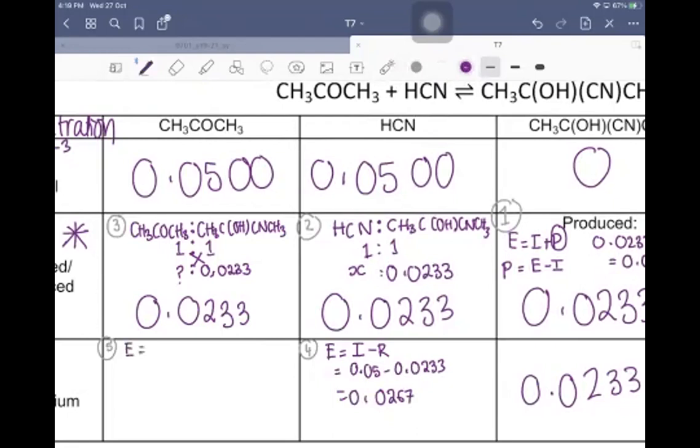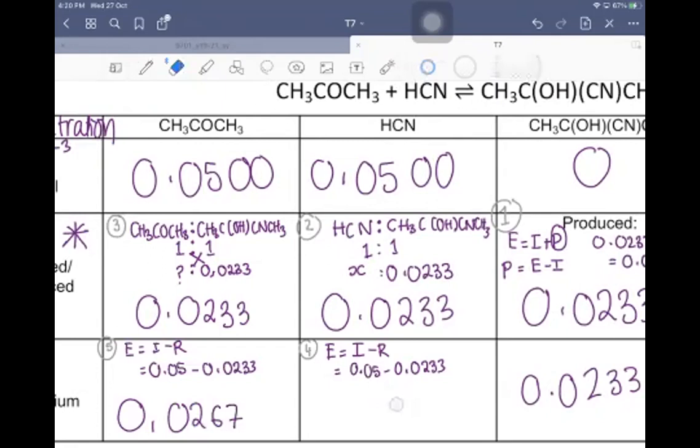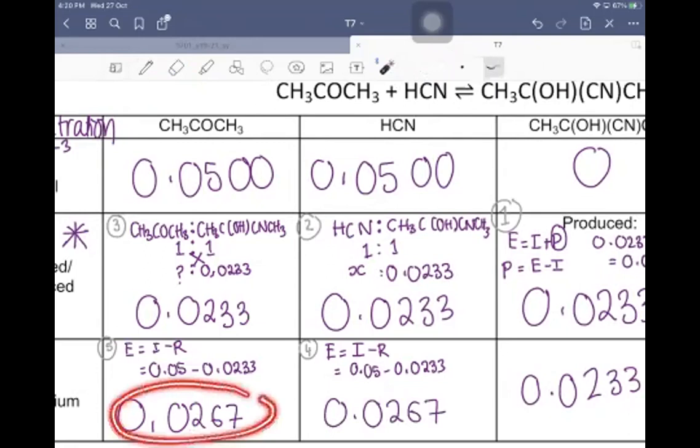The concentration of propanone at equilibrium should be initial minus reacted. So that's 0.05 minus 0.0233, to give you 0.0267. Now it is just a coincidence that the concentration of the reactants at equilibrium is the same, but this is not always the case. You don't assume that because they're 1-to-1, that's why the value is the same.